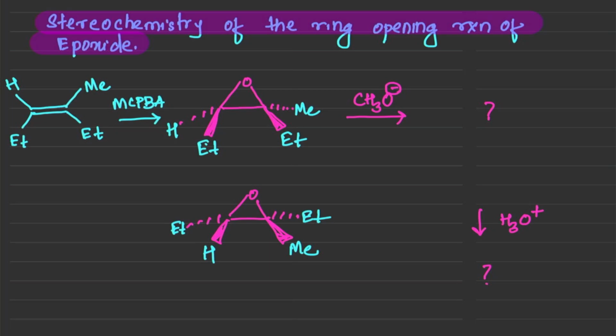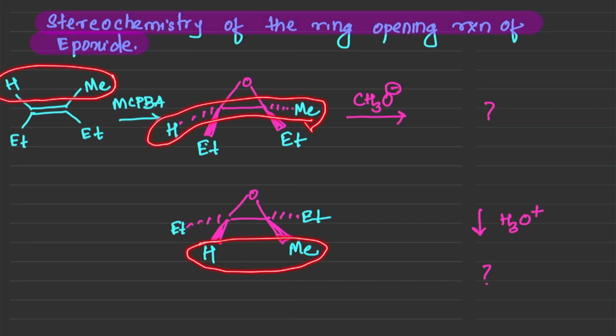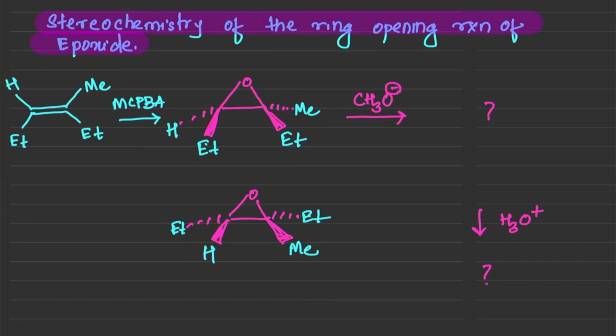So you noticed whatever I am doing, I am keeping them on the same side of the plane. In this case, both of these were on the wedges. In the previous one, both of these were on the dash. And here, both of these were on the same side of the double bond. So you notice all three are on the same side.